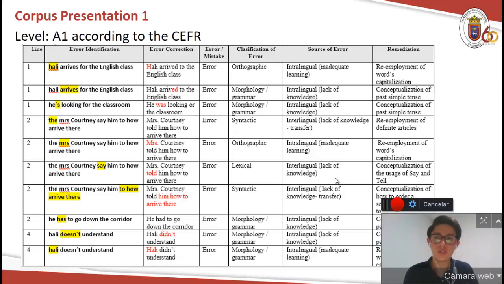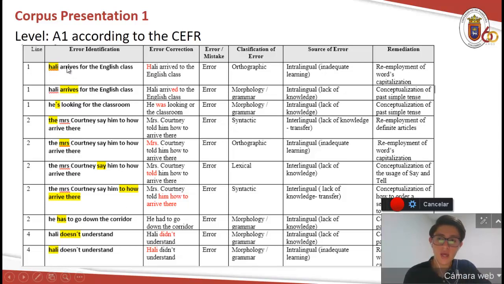I suppose the student has a level A1 according to the Common European Framework of Reference. I must clarify that it was a text about a summary of a series called Major Language. There are several mistakes here, and I don't have enough time to talk about each of them, so we're going to analyze just some of them, right?